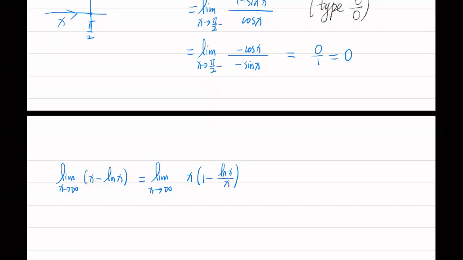Okay, so what's the type of this limit? It's zero? What's the limit of this?